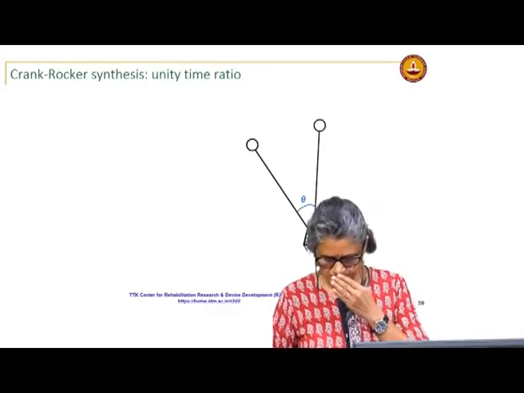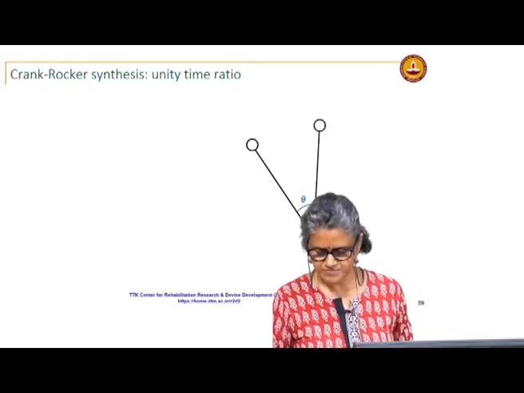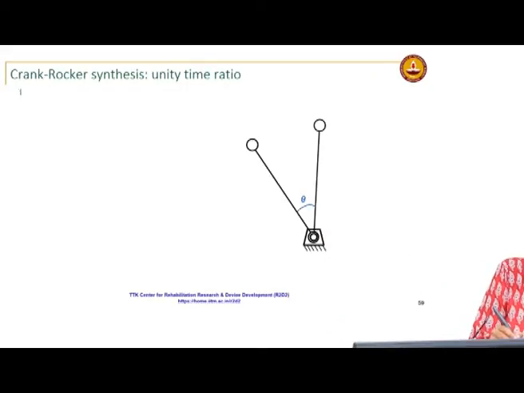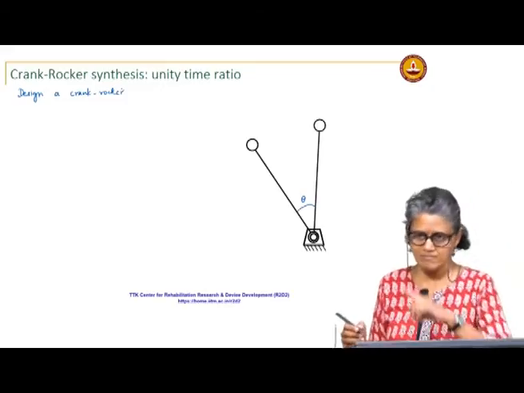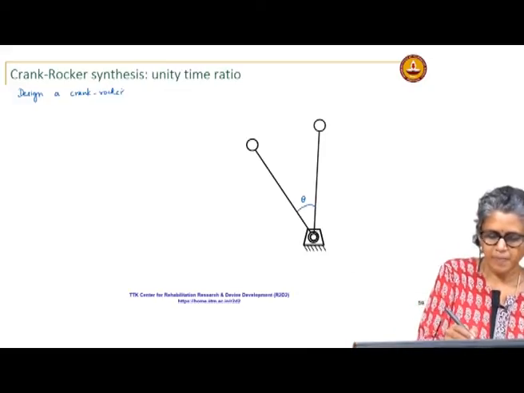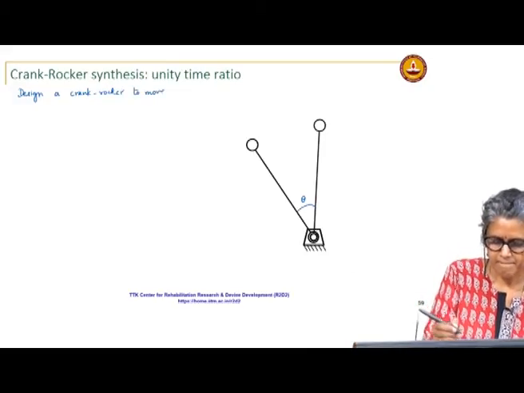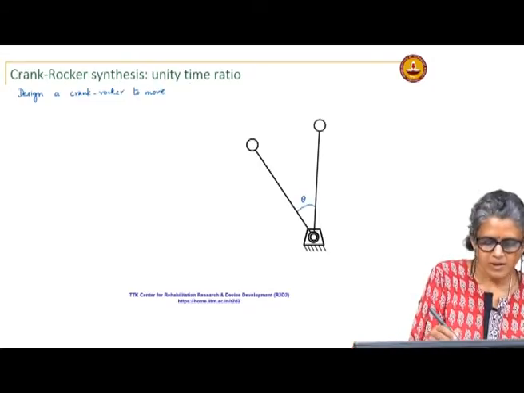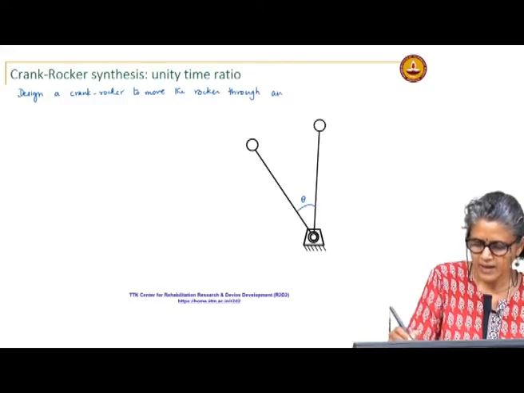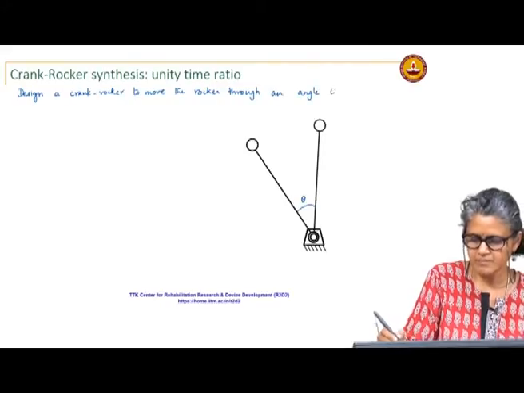I want to design a crank rocker. So basically design a 4 bar linkage, or I will just design a crank rocker, which means it should satisfy the Grashof criterion and the input should be the shortest link, to move the rocker through an angle theta.